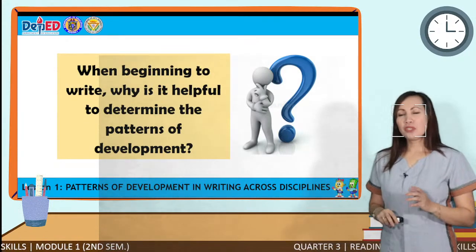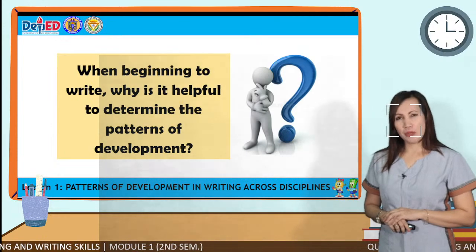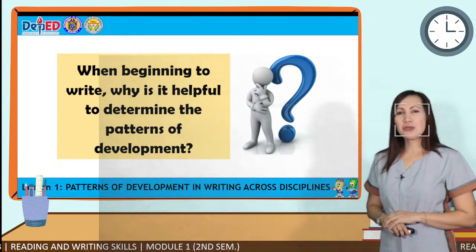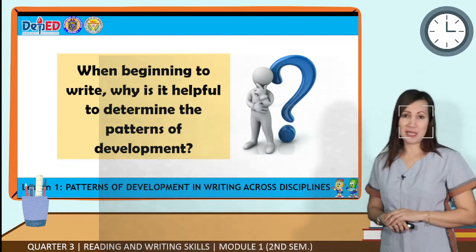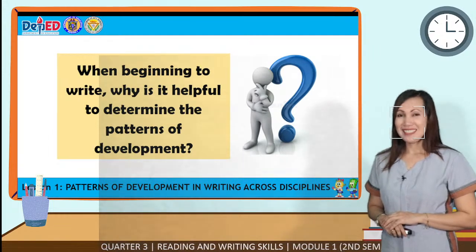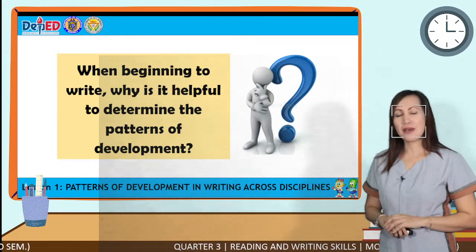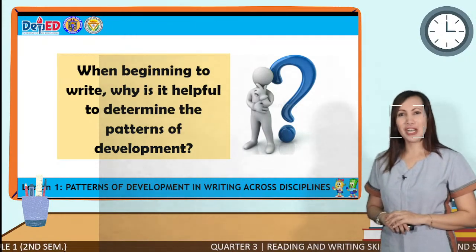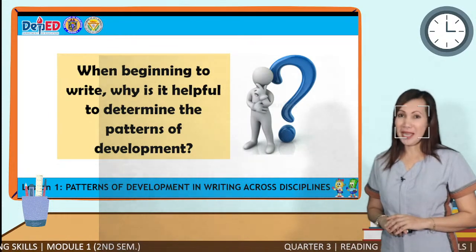Before we move to the next topic, let us first answer this essential question. When beginning to write, why is it helpful to determine the patterns of development? Why is it important to know all of these patterns? Analyzing a text is easier if you can identify its parts, structure, and organization. This is often referred to as its writing pattern.